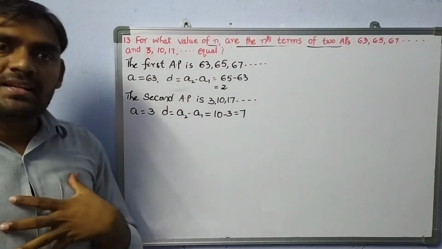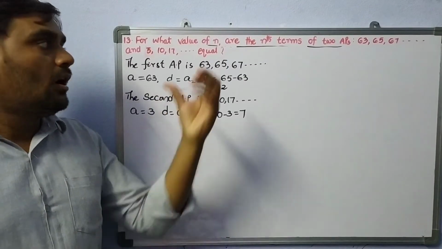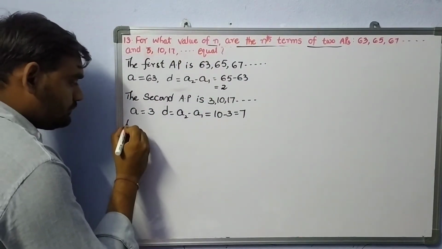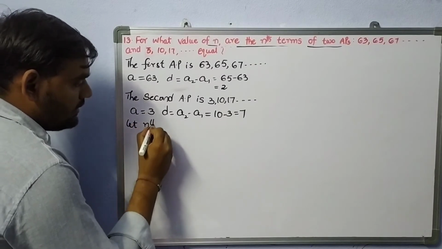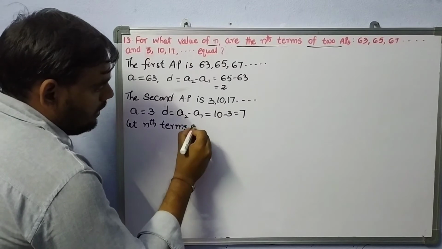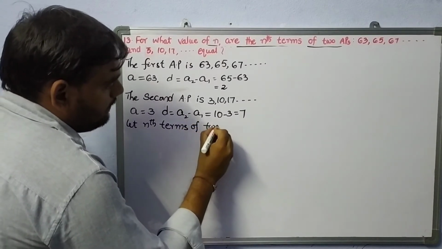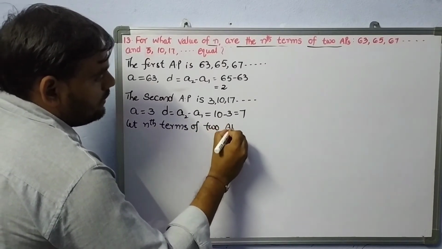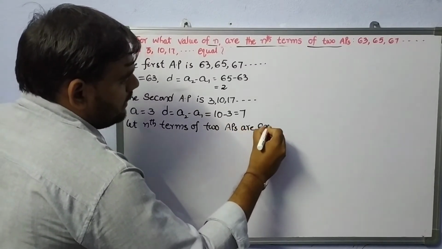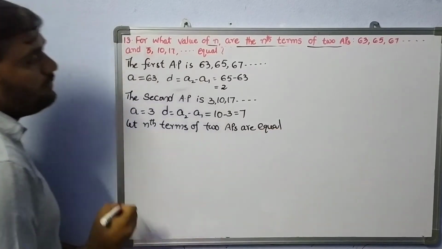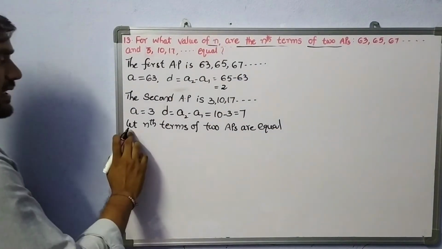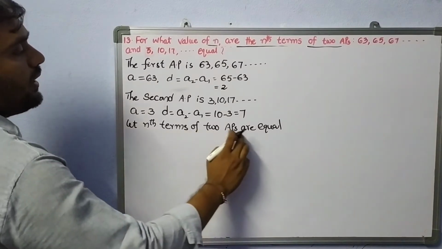So I am considering, let the nth terms of the two APs be equal. Here we don't know for which term those two APs are equal, so we are considering the nth terms of two APs are equal.